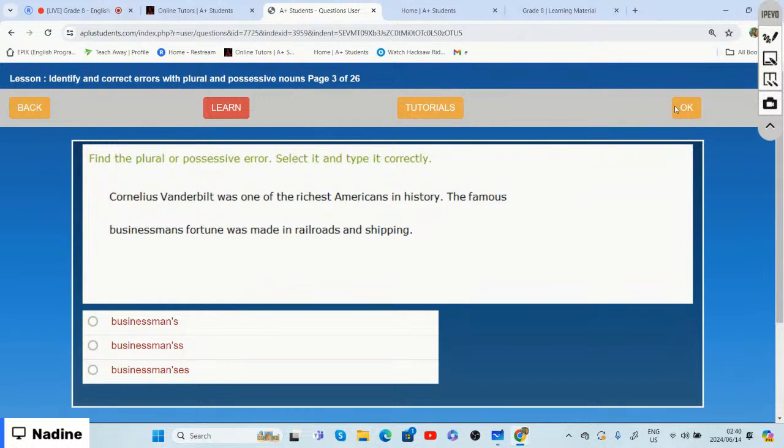And then Cornelius Vanderbilt was one of the richest Americans in history. The famous businessman's fortune was made in railroads and shipping.